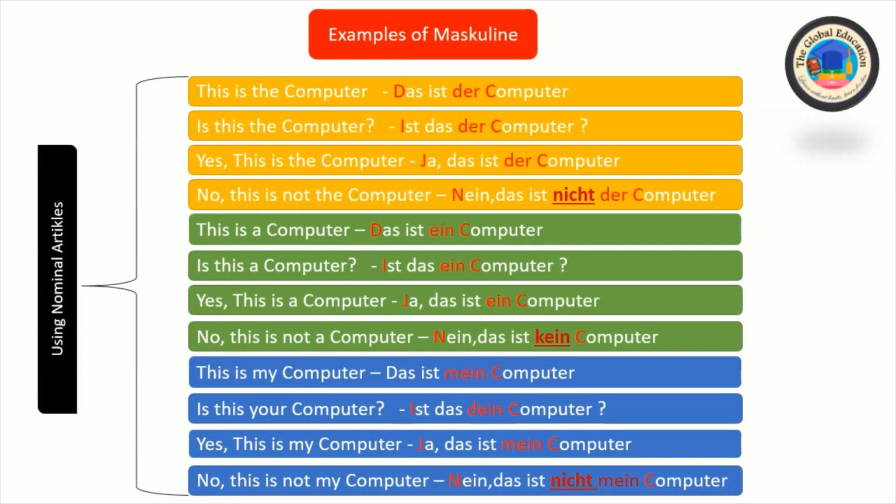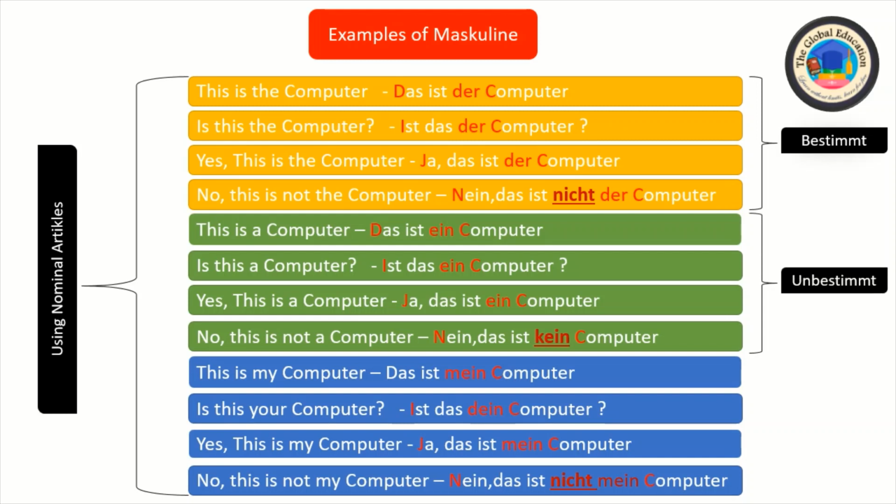So this is for the nominative article case examples, because here we use der as an article. First is the bestimmt, where we use der, the second is the unbestimmt, where we use a, and third is the possessive article like mein, dein, und so weiter.